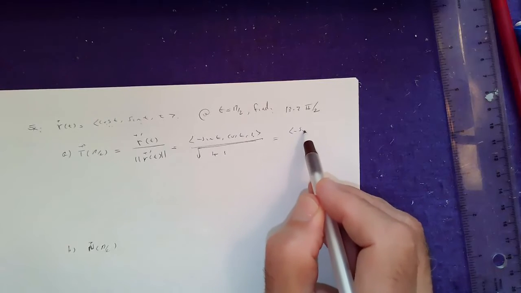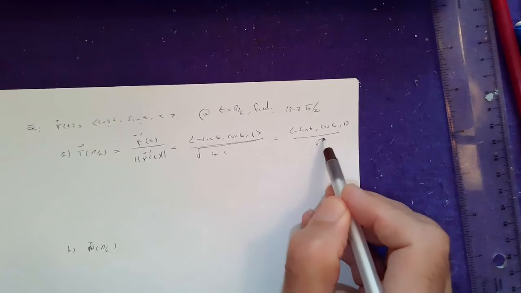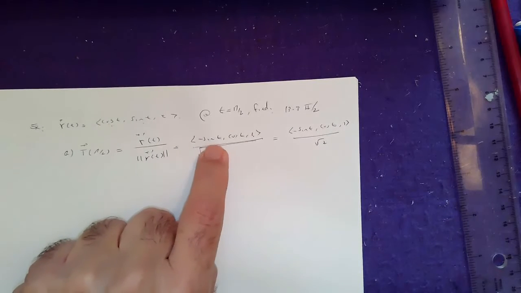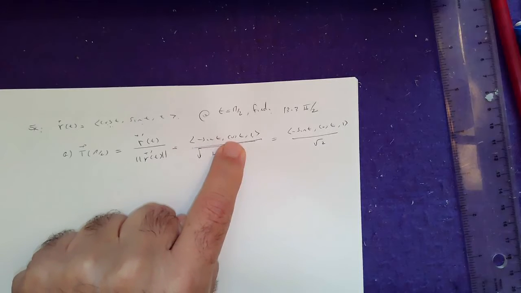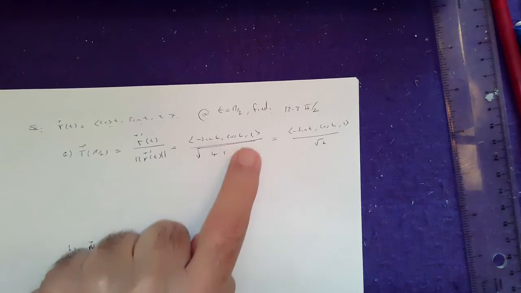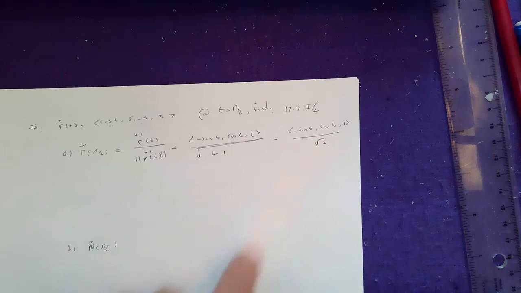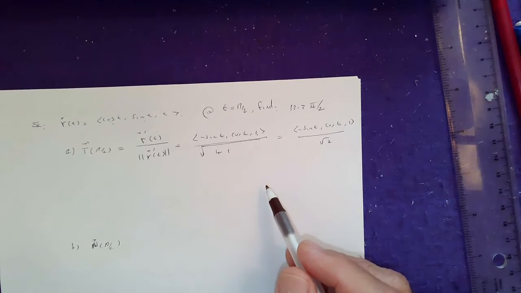So at the end of the day, you get minus sine of t, cosine of t, 1, divided by the square root of 2. Remember, we're taking the magnitude: sine squared plus cosine squared plus 1. Sine squared plus cosine squared is 1, so 1 plus 1 is 2, and you take the square root. So there goes the unit tangent vector.